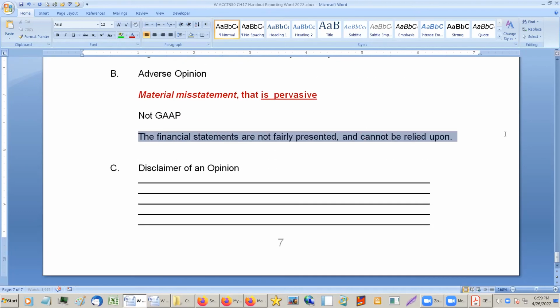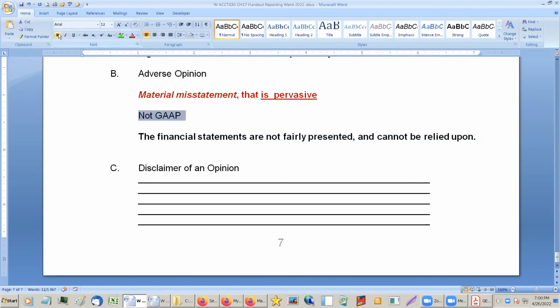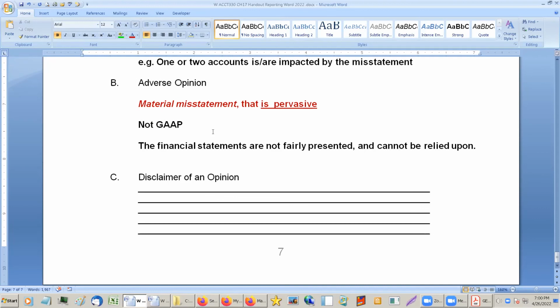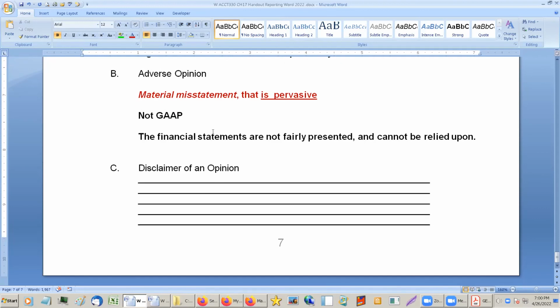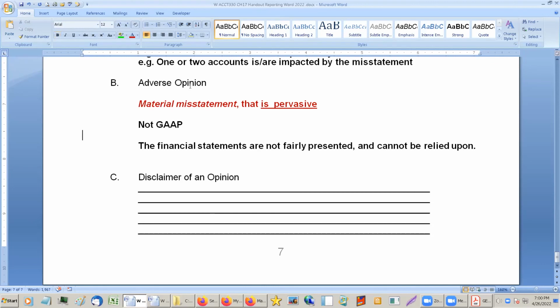The financial statements are not fairly presented and cannot be relied upon. Been through these before.